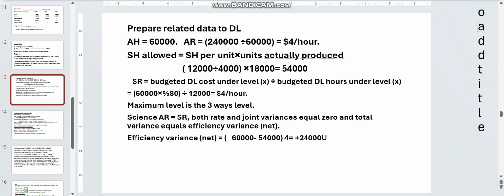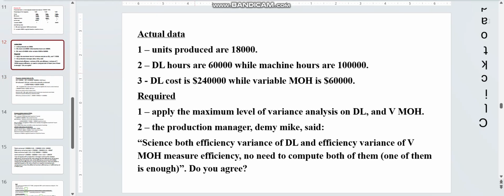First, let's prepare related data to direct labor. Actual hours of direct labor given clearly as 60,000. Among actual data, direct labor hours are 60,000. Also, among actual data, direct labor cost is 240,000.